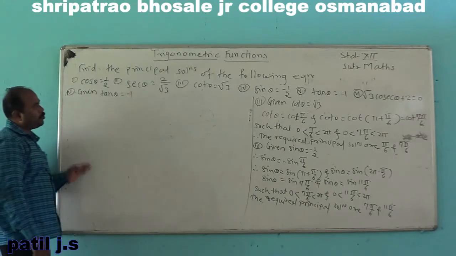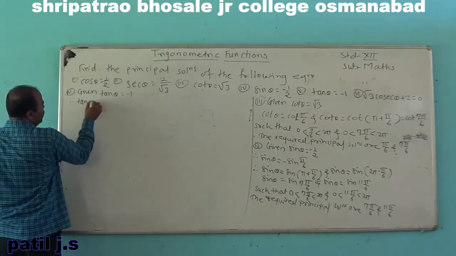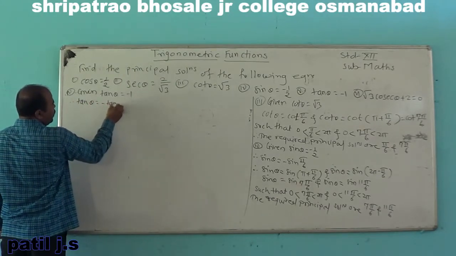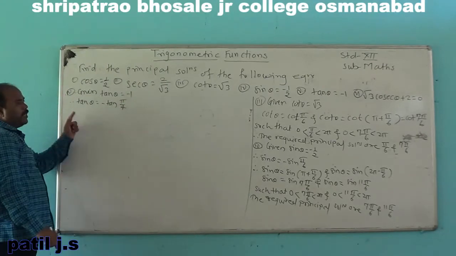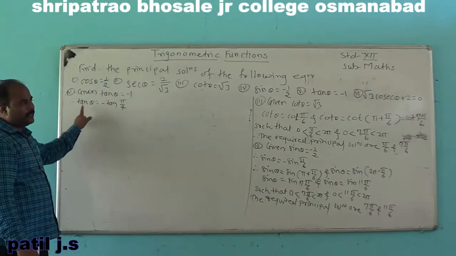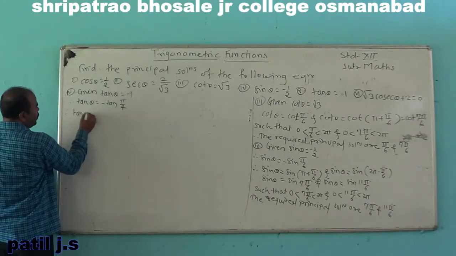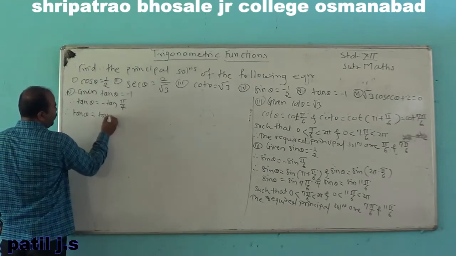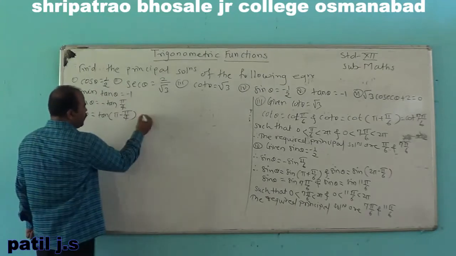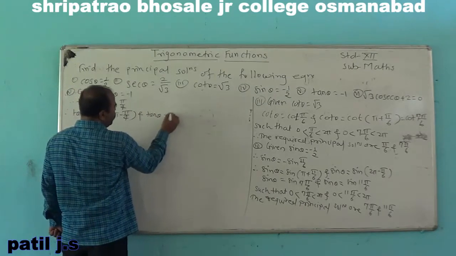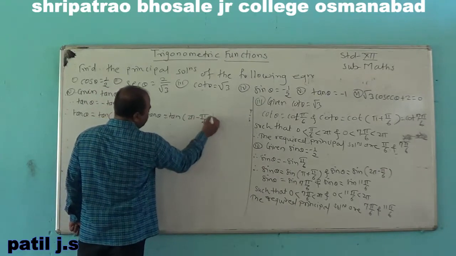Therefore, tan theta is 1 means tan of pi by 4. You know that tan theta is negative in the second and fourth quadrant. Therefore, tan theta is equal to tan of pi minus pi by 4 and tan of 2 pi minus pi by 4.